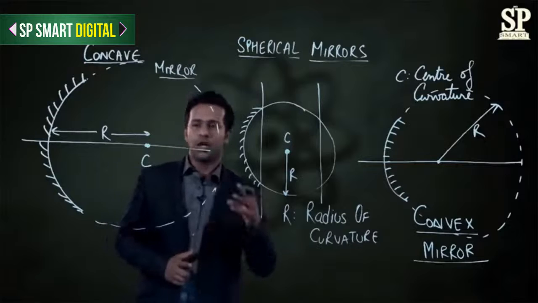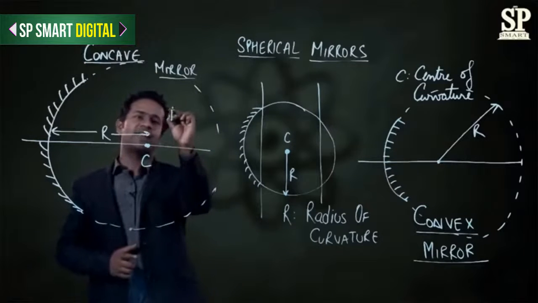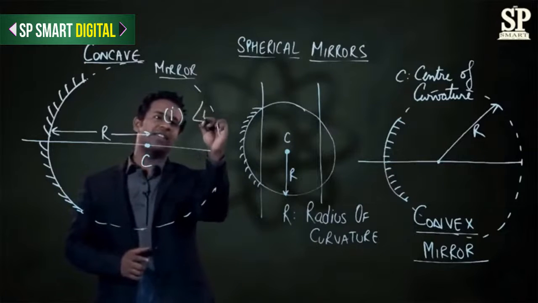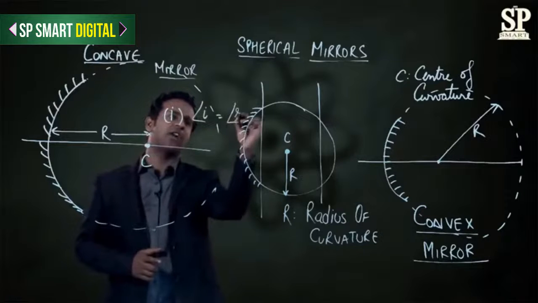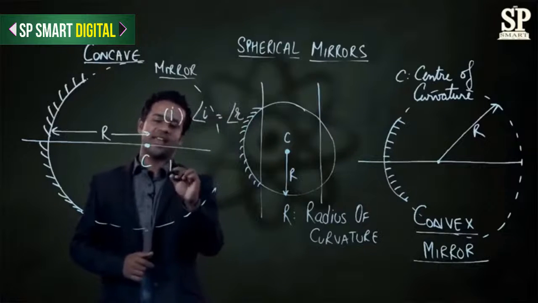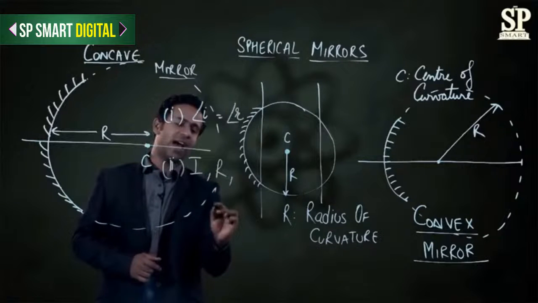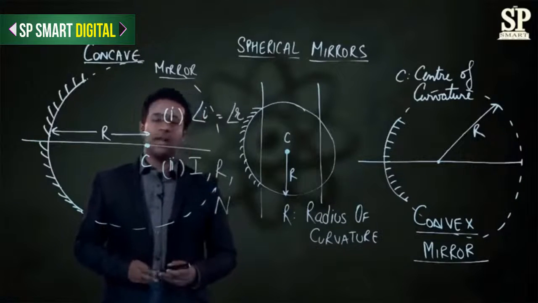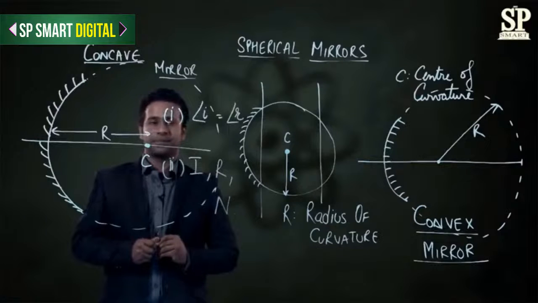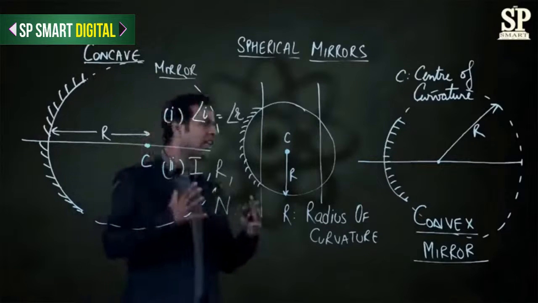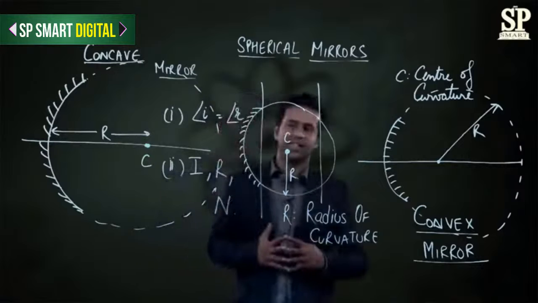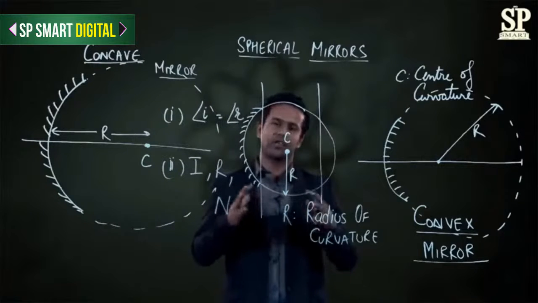If you recall, the laws of reflection stated that first, the angle of incidence is equal to the angle of reflection, and second, that the incident ray, the reflected ray, and the normal all lie in the same plane. Let's now look at the relation between the object distance and the image distance for a spherical mirror.